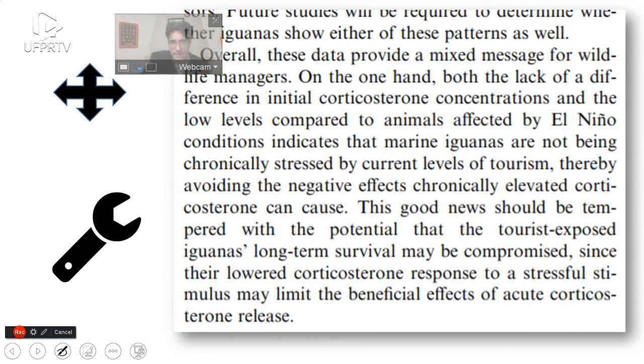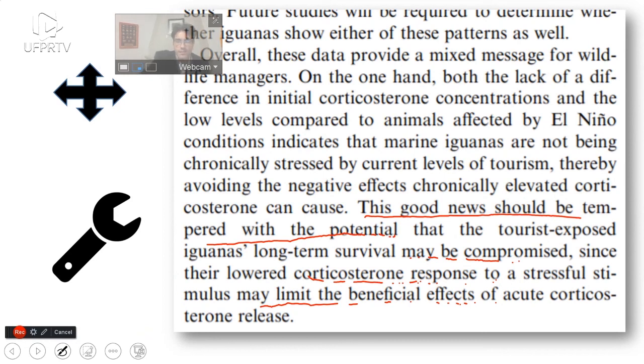So they say, this good news should be tempered with the potential, and so that's a limitation, that the tourist-exposed iguana's long-term survival may be compromised, since their lowered corticosterone response to a stressful stimulus may limit the beneficial effects of acute corticosterone release.